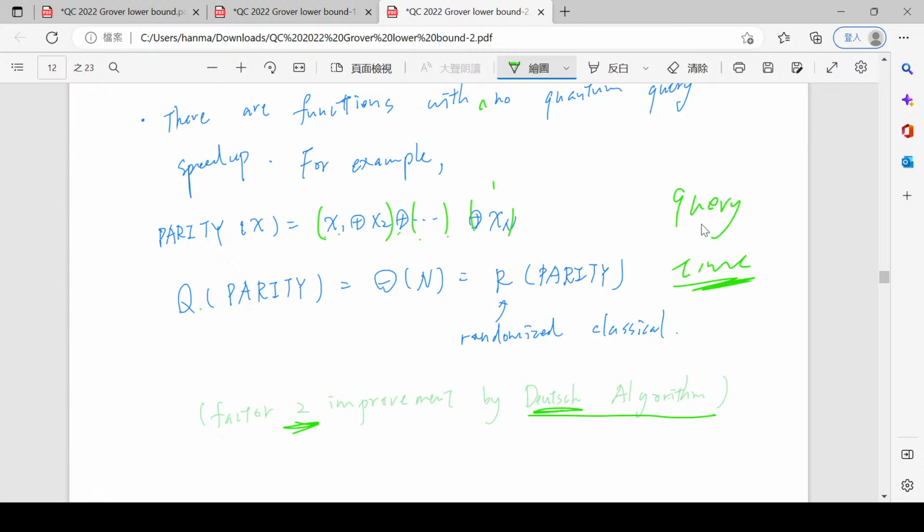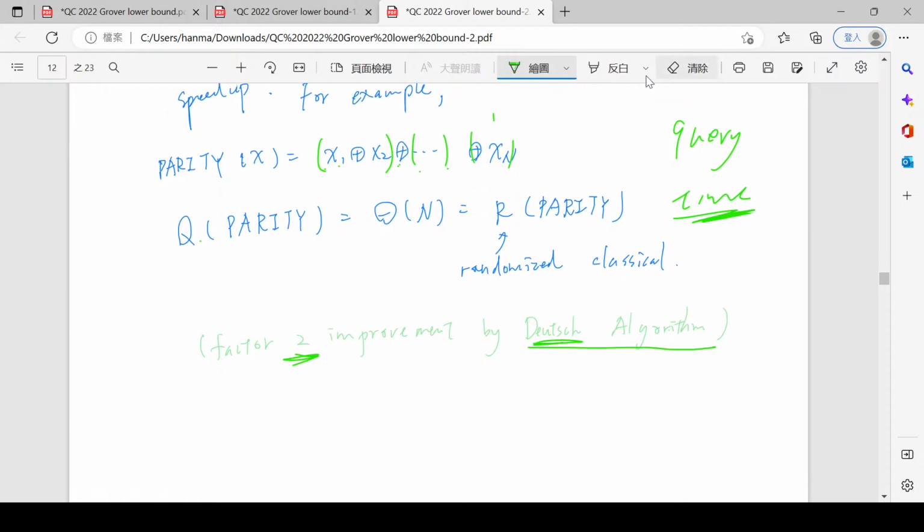There are some differences between those two, but usually a good query algorithm gives you a good time algorithm. So we are pretty justified in studying the theory of query complexity. I guess also a lower bound on query complexity will always be a lower bound on time complexity. So that's also something.